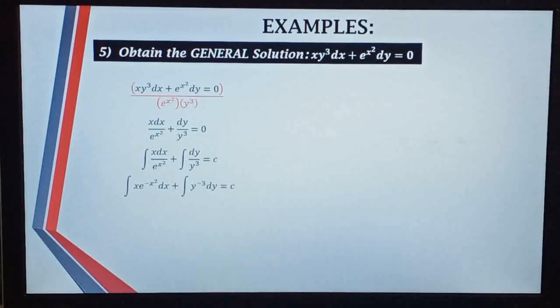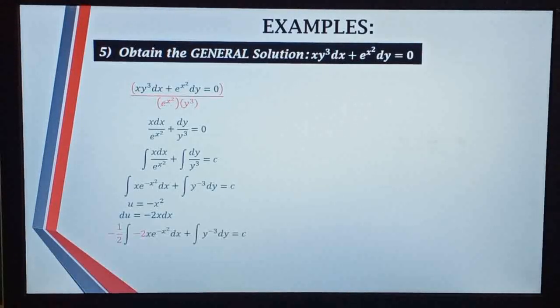We will now have an equation of the integral of x e raised to negative x squared dx plus the integral of y raised to negative 3 dy equals c. Then setting u for the first term as negative x squared, our du there is negative 2x dx.